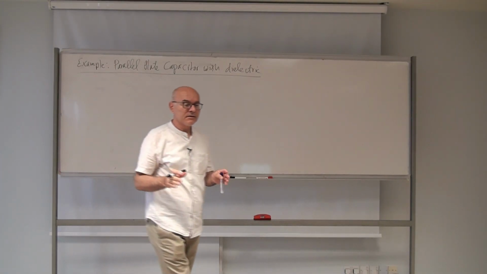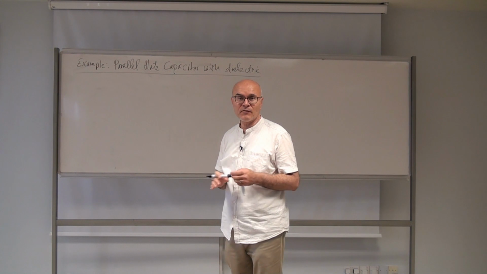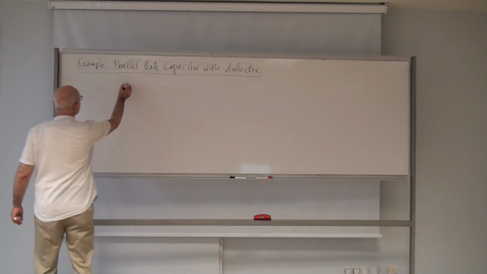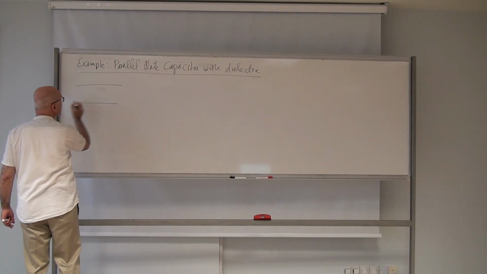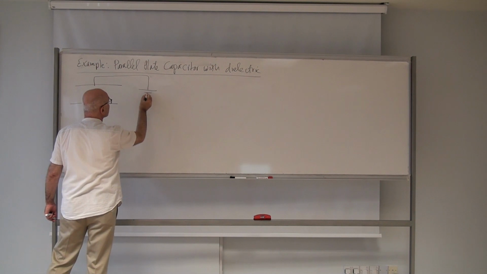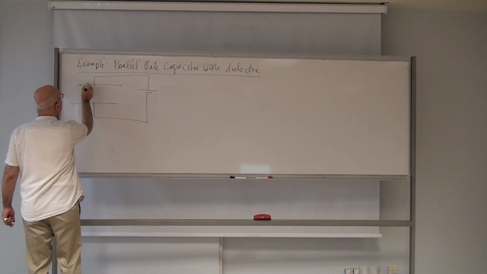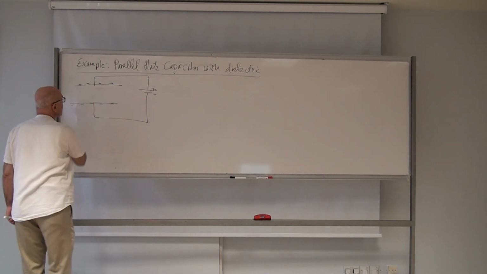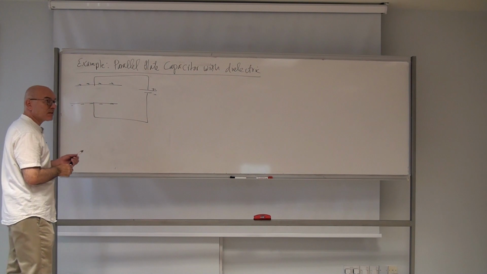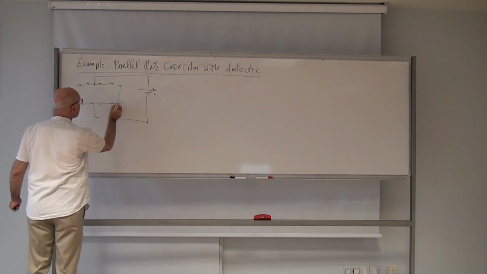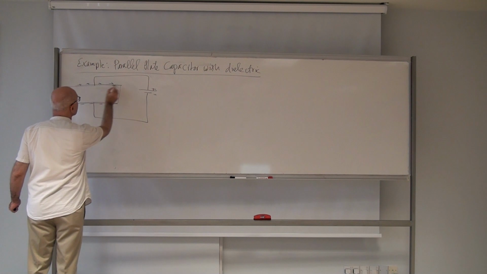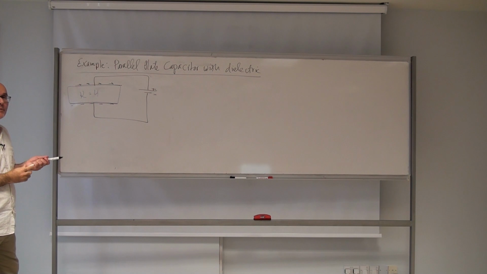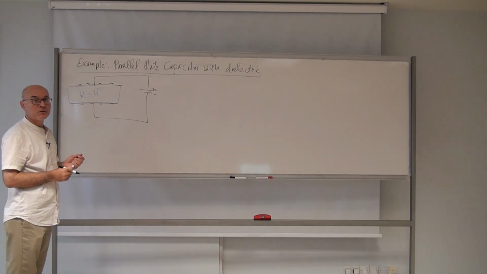So we will now see how we can solve this example, and what we are given. Let's plot the situation. This is the battery, with the positive terminal and the negative terminal. We start with the dielectric slab completely filling the space between the plates of the capacitor.